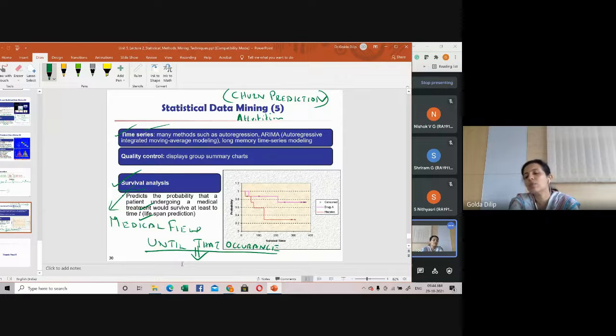How long the person will stay with Airtel before switching over, or how long an employee will stay in an organization before he switches to another company. As a result, the company can intervene with incentives, giving immediate offers so that he stays with that company. Again, this applies to churn prediction and determining the attrition rate.